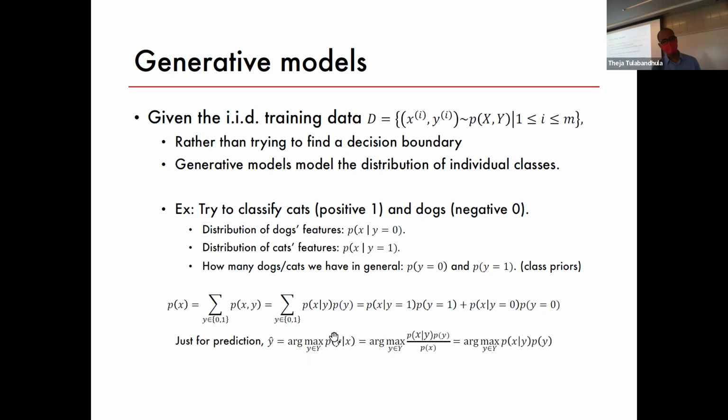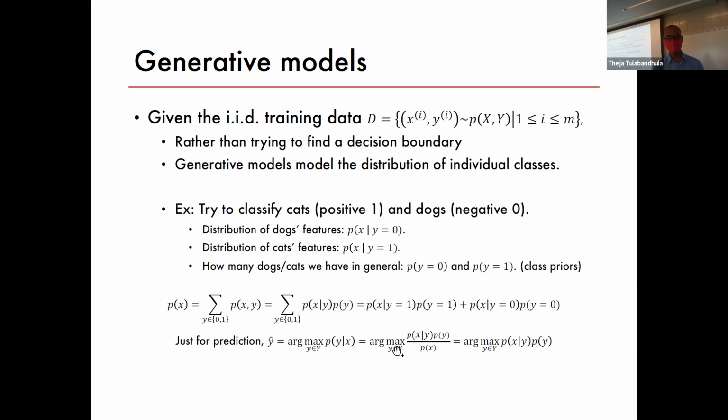But the difference is, instead of focusing on P of Y given X directly, you compute it by Bayes rule. This is just a factorization of the joint probability into conditional probability and marginal probability. You can factorize X comma Y in two different ways, set them equal, and then probability of Y given X is given by this expression, which is exactly Bayes rule.